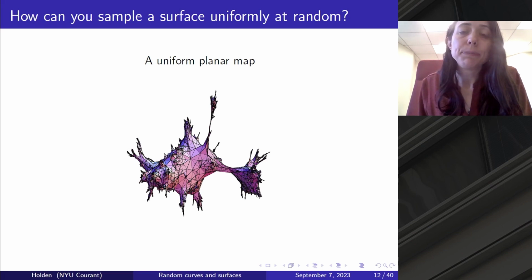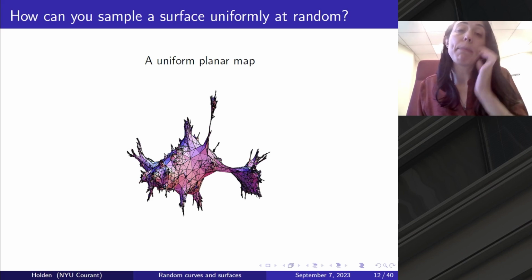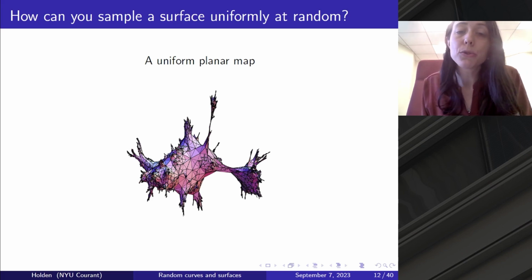If we have a large planar map, then it's typically not possible to embed it isometrically into R3, so it's typically not possible to draw it in R3 in such a way that all the edges have exactly the same length. So when drawing this planar map, one has done some optimization of the drawing such that all the edges have a length which is as close as possible to each other. So one has done an embedding into R3, which is in some sense as close to isometric as possible.